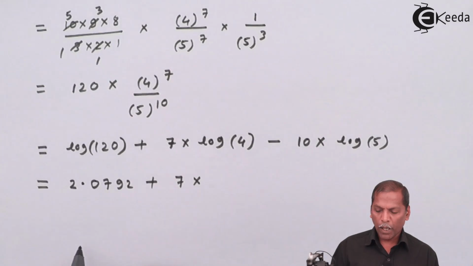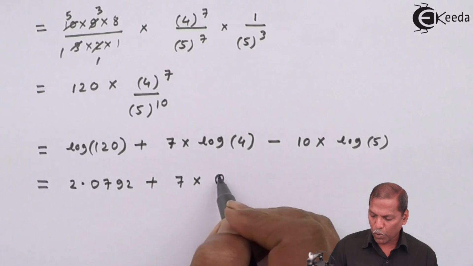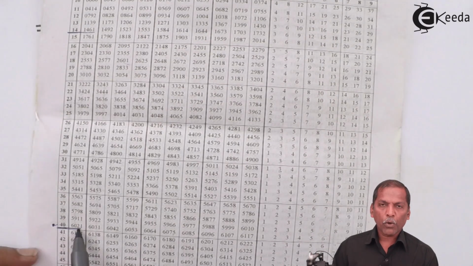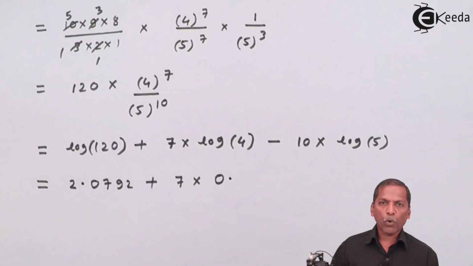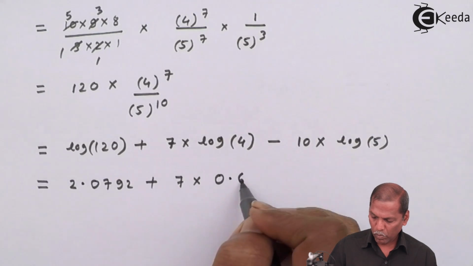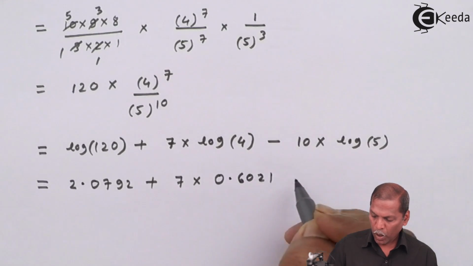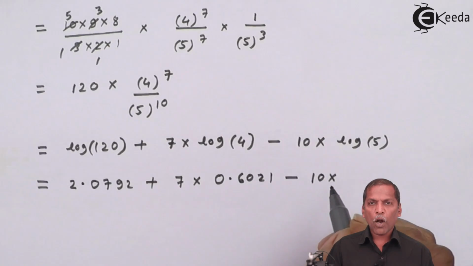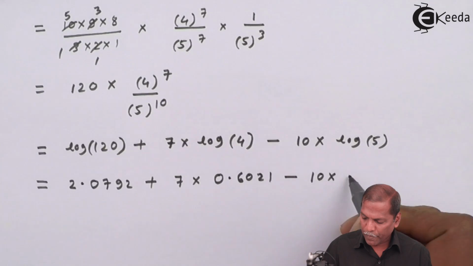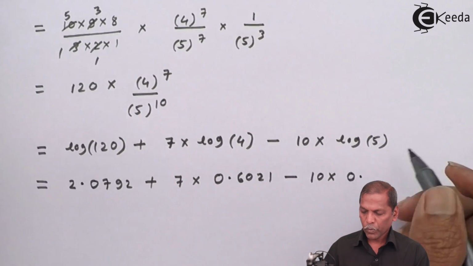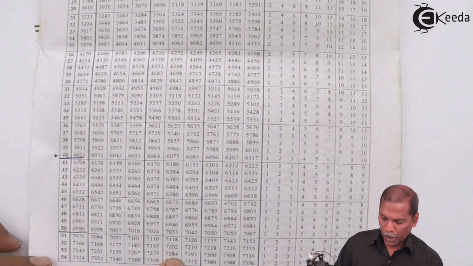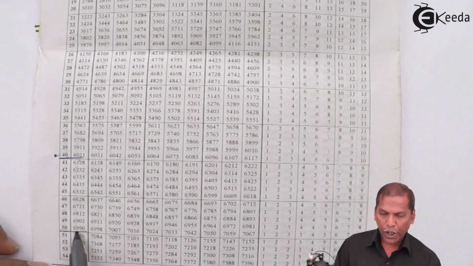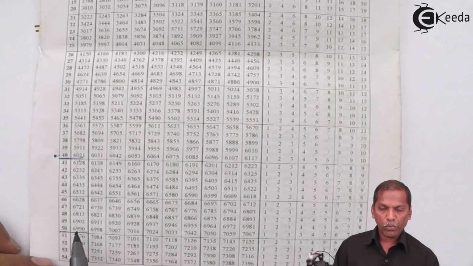Since here there is only one digit, the characteristic is 0 point. Now we see 40 under 0, that gives 6021. Then minus 10 into log 5. The characteristic is 0 point. In the log table, 50 under 0 gives 6990.